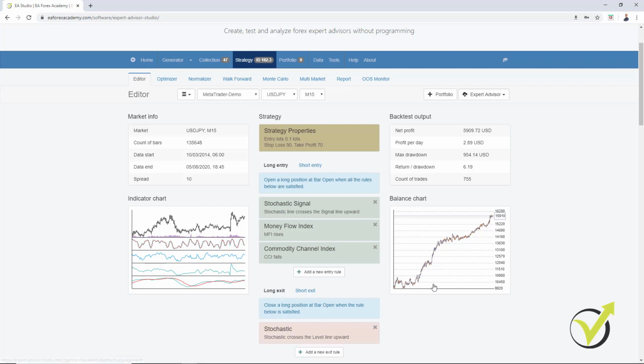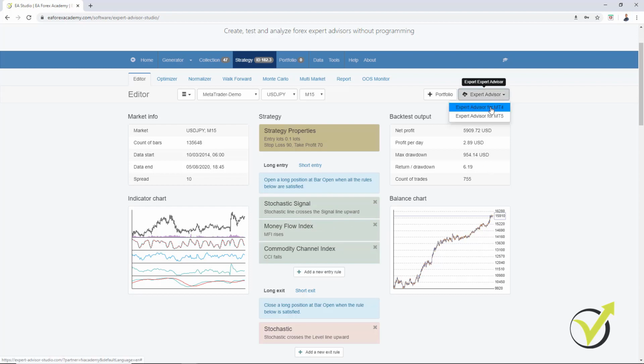And you will see what is the balance chart with your broker. And this is very logical to be done because most of the brokers provide different quotes for the prices with different spread, which results in different backtest.